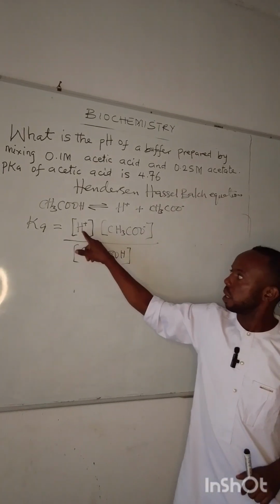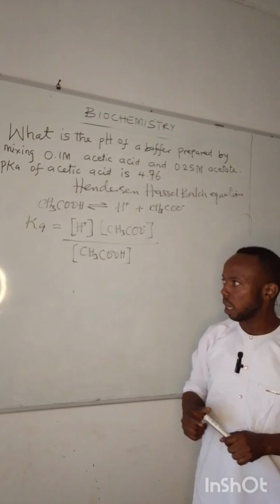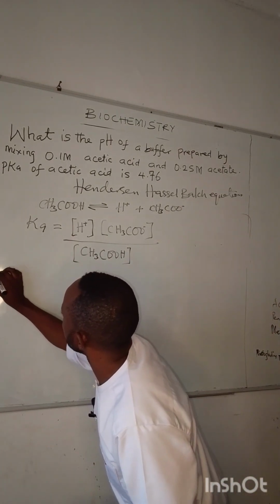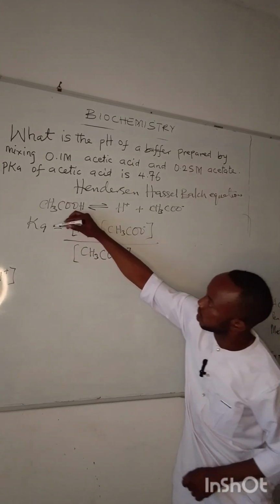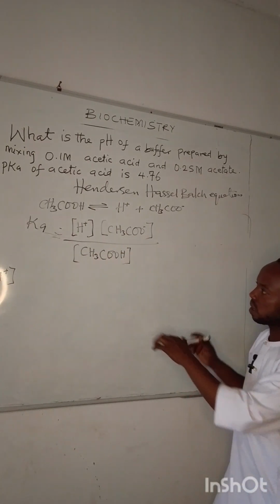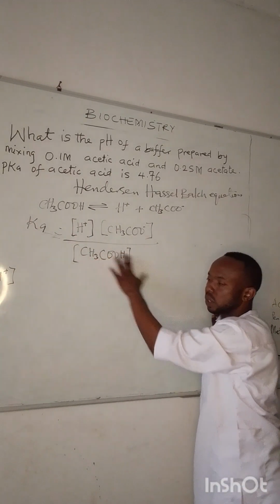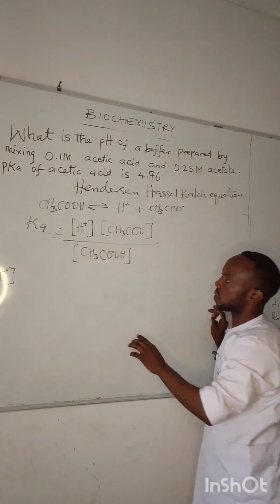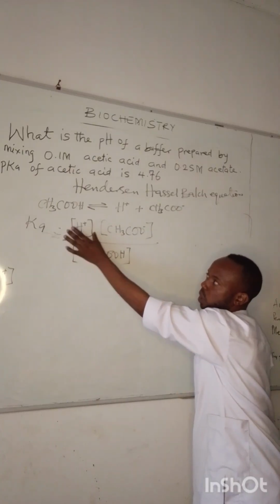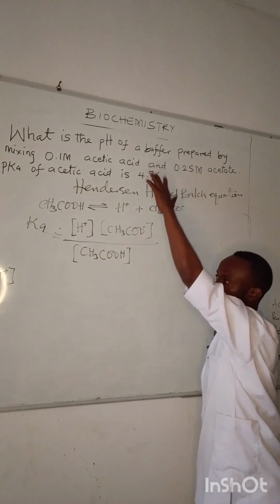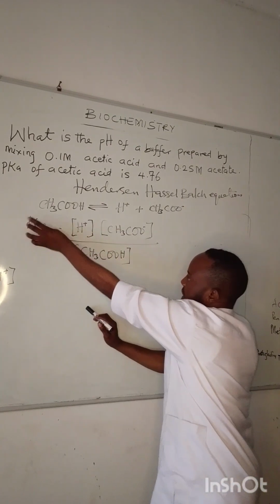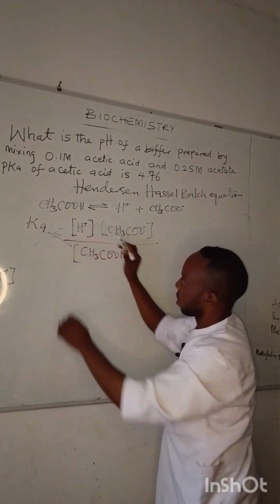Now, if we make hydrogen ion the subject of the formula, remember you can cross multiply. Cross multiplication in this case means Ka goes to one side of the equation, while the other goes to the other side. So if we are making hydrogen ion the subject, everything on the other side of the line becomes the numerator.